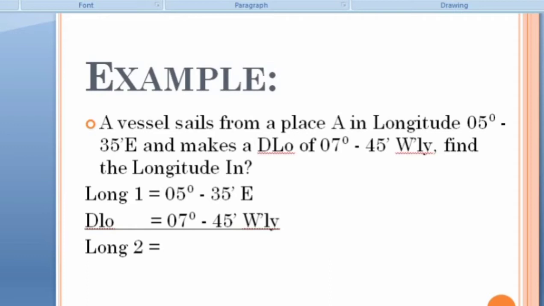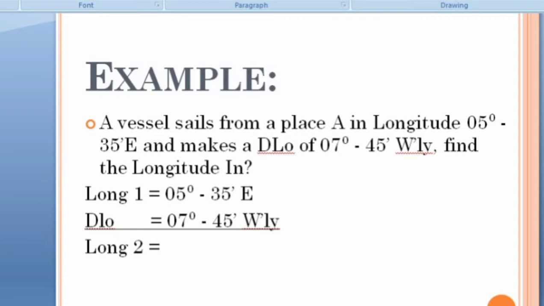Now take note that we started from 00 degrees only, no? So which means that we are going to the opposite side now. And you're going to understand that once we have already the illustration.